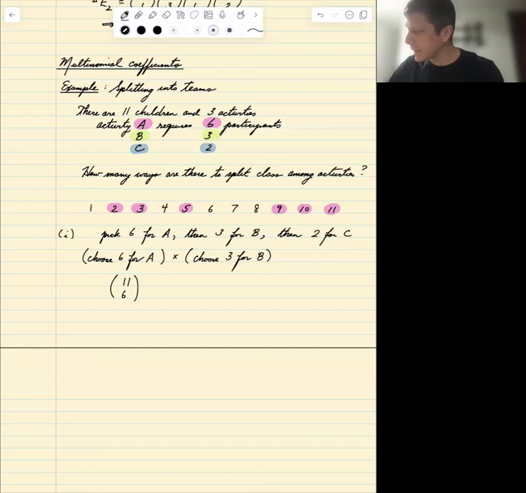Once we've picked these 6, how many are left? There's 1, 2, 3, 4, 5. And we pick 3 from the remaining. So there's always 5 left, no matter who we pick to go into group A at first. 5 choose 3.